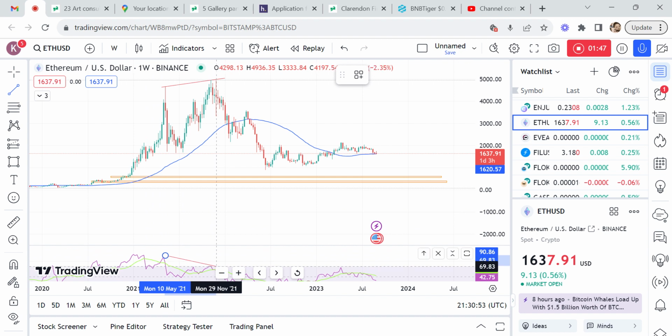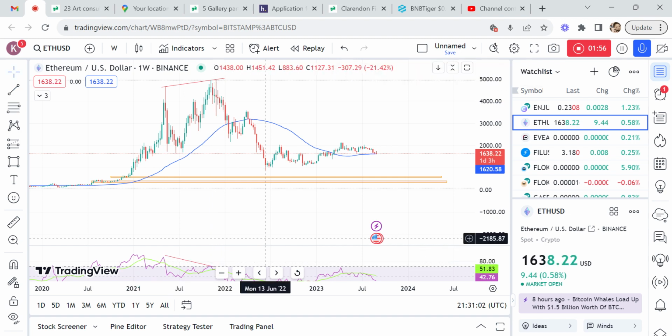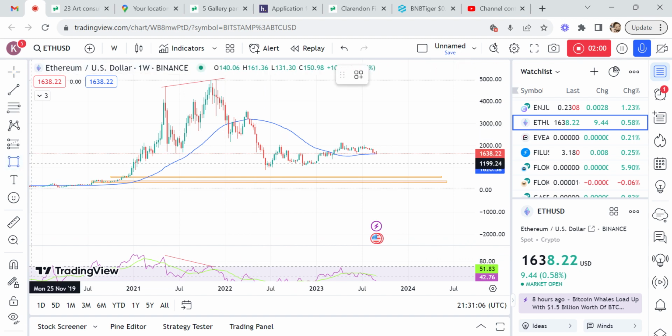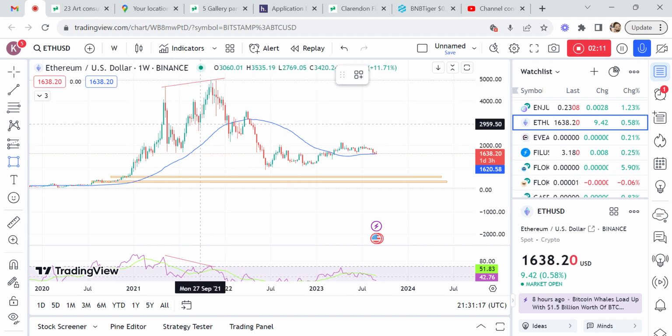All right, so this was an indication that there was a successful reversal. So the market was coming down, and it was at this level. When there was a bearish divergence here, it was at this level that the market actually confirmed that it's truly going bearish.